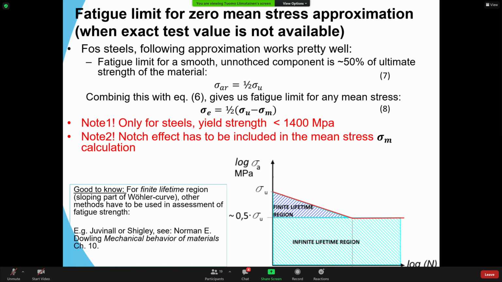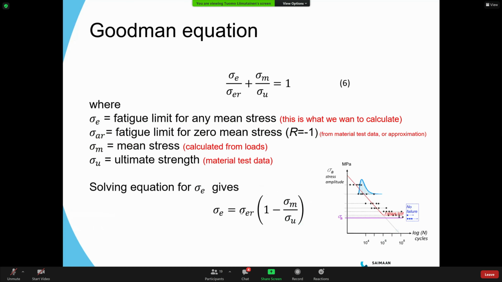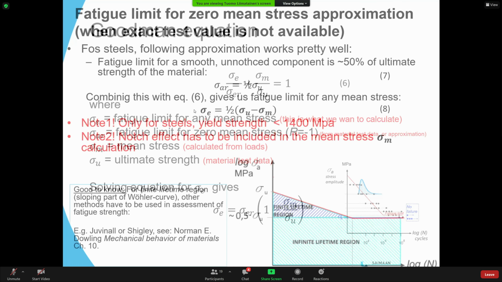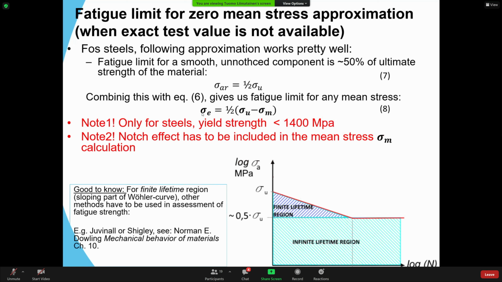This is basically ingenious because it works quite well for most of the steels. Only very high strength steels are outside of it. But most steels work quite accurately with this equation. So the fatigue limit for an unnotched component, if we don't include the notch effects, is 50% of the ultimate strength of the material. And when we combine this information with the equation here, we will find this equation number 8, which will give us the fatigue limit for any mean stress level.